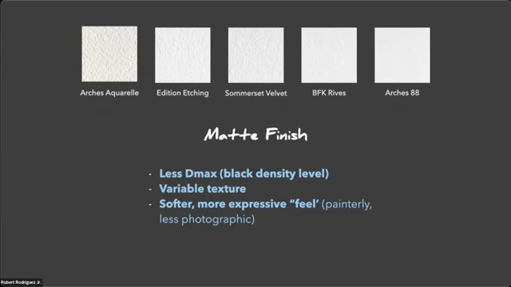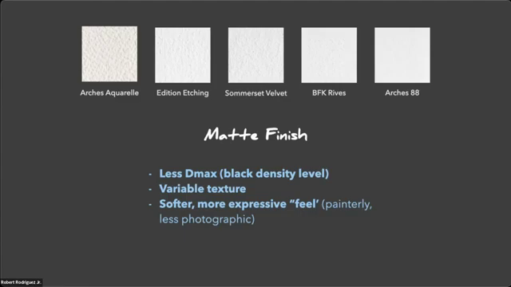Now, within the matte paper range, there are differences. And as I mentioned before, less Dmax, they will have a softer, more expressive feel, if you will. You can use different words for this: painterly, less photographic, more fine art. They also will give you much more variety in terms of the textures that the paper can hold. So a non-matte paper like Baryta or Platine, you're not going to get different textures with those kinds of papers.